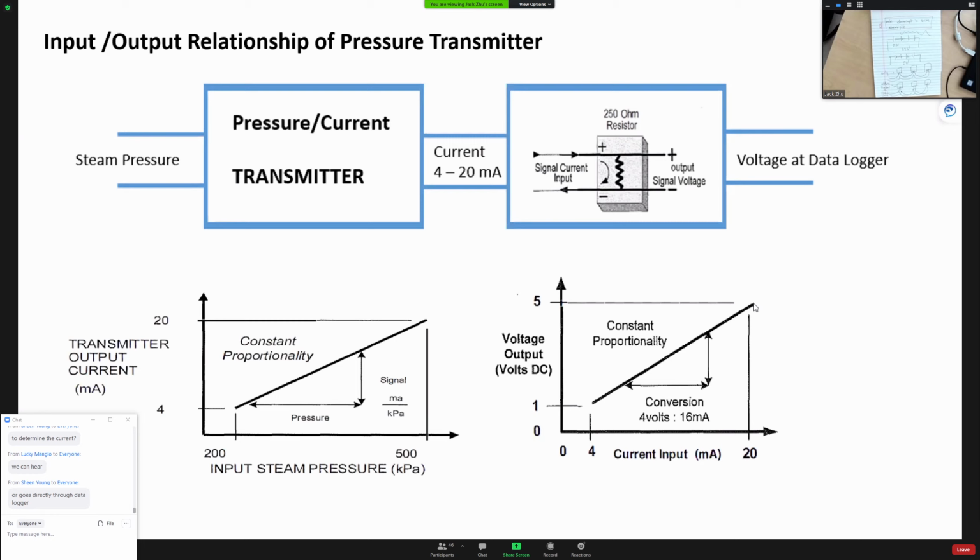So that's the output current range down here. When we do all those calculations, mostly we only ask you to do linear calculations. If the output and input don't have a linear relationship, we are never going to ask you to do the calculation.